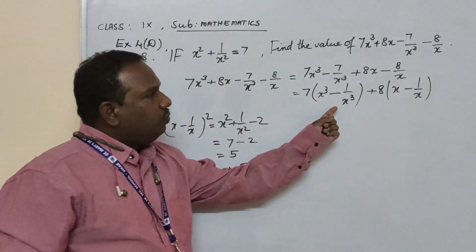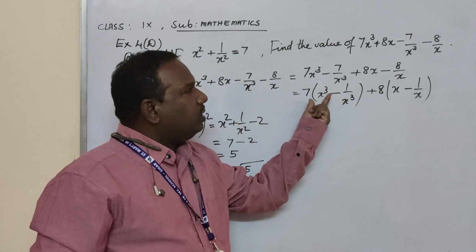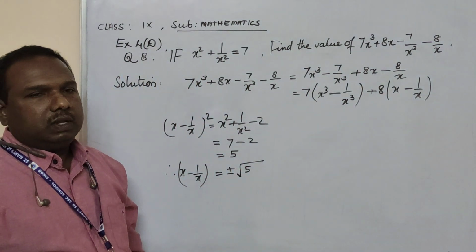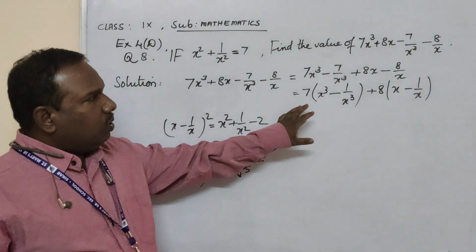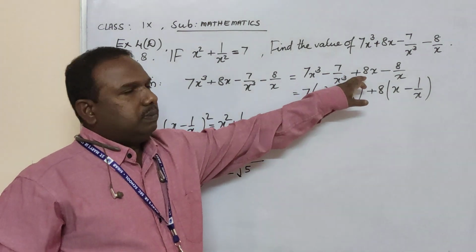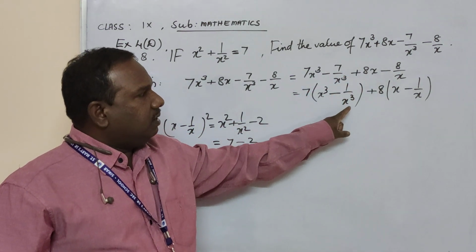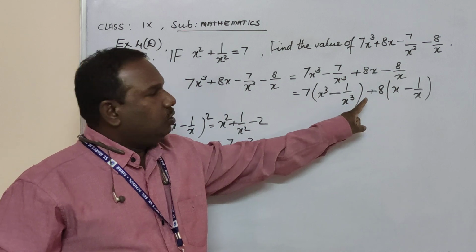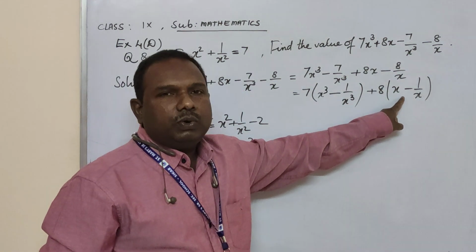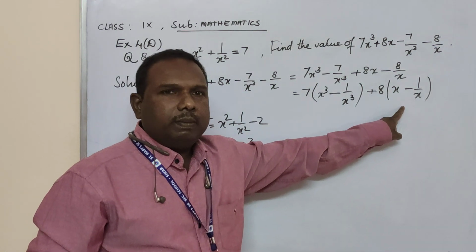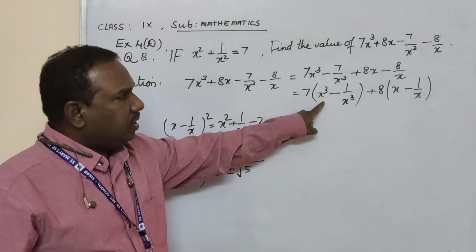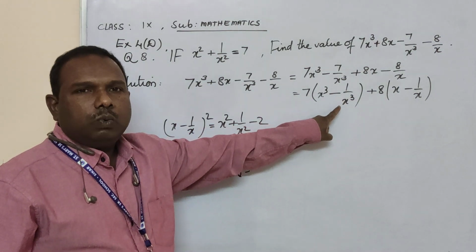If we get these two values, then only we can substitute and simplify. So we first wrote the same question in this form, and after taking common factor we got these, and first of all we found out the value of x minus 1 by x. Then we are going to find out x cube minus 1 by x cube.